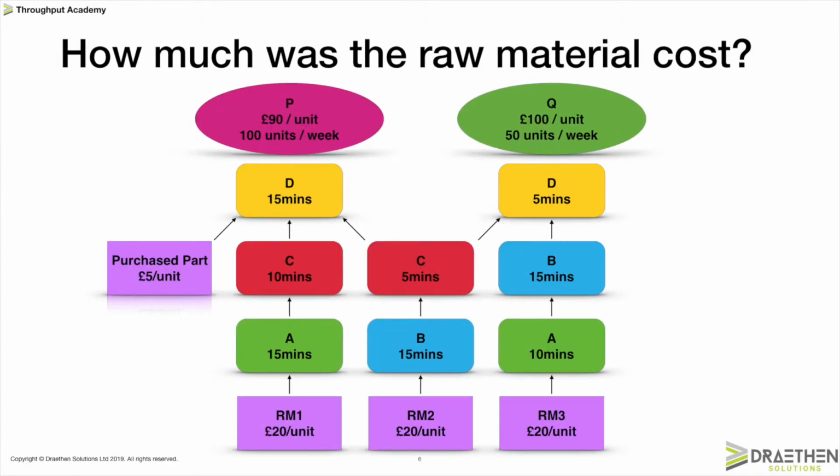You'll remember from the product flow that raw material 1 is £20 per unit, raw material 2 is £20 per unit also, and the purchase part is £5 per unit, which gives us a total of £45 raw material cost for product P. For product Q, the raw material cost is raw material 2 at £20 again, raw material 3 also at £20, giving us a raw material cost total of £40.